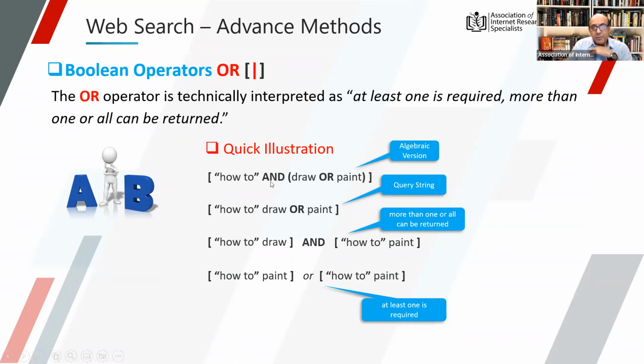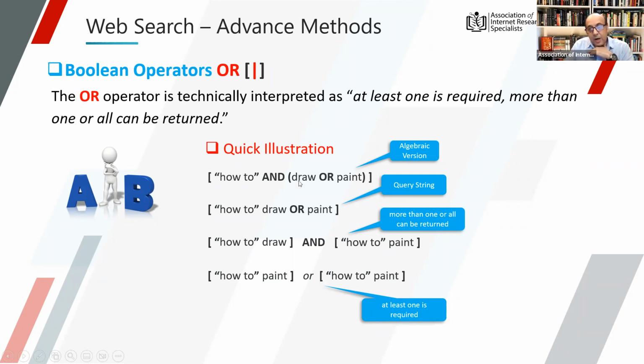If it was an algebraic expression, this was the logic. And when you're doing algebra, anything in parentheses needs to get resolved first. And if the option is to select between draw and paint, the convention says that anything that gets resolved inside of the parentheses eventually gets added to or connects with what's outside of the parentheses.